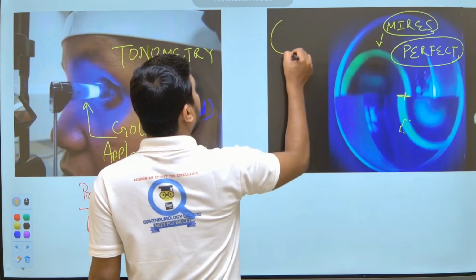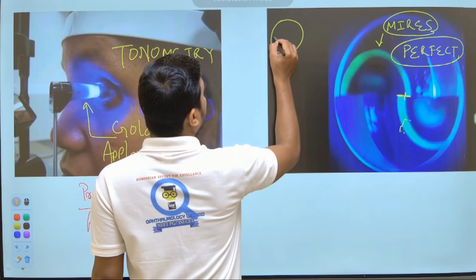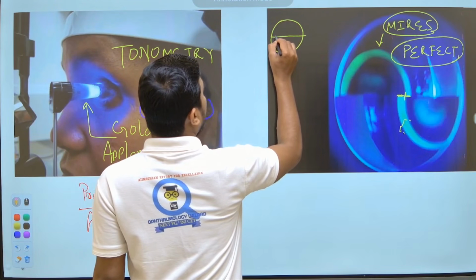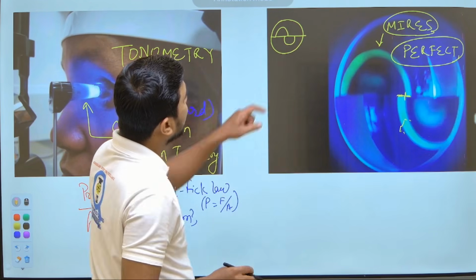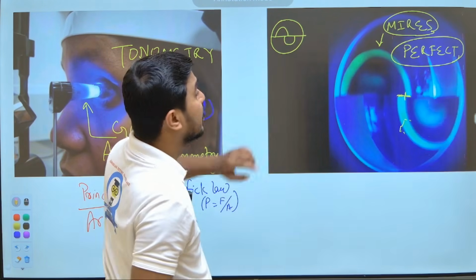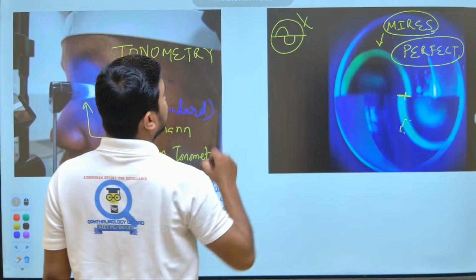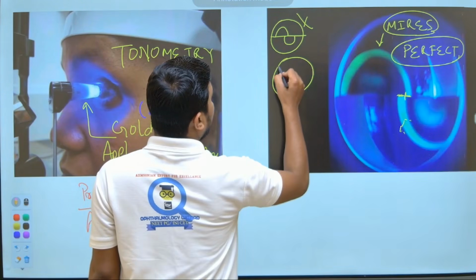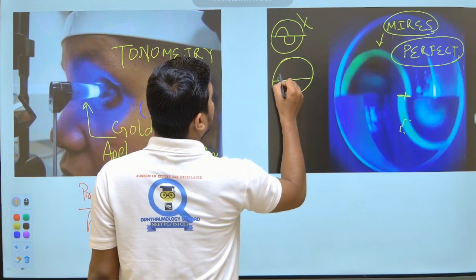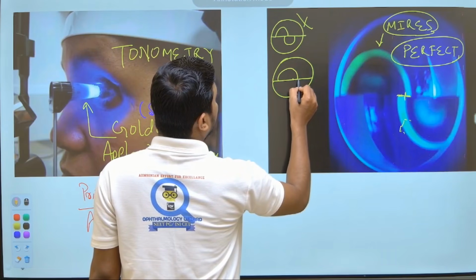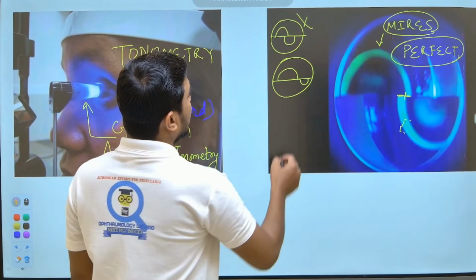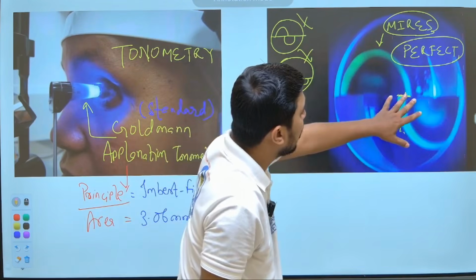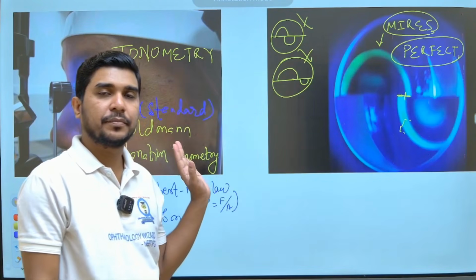If this is the cornea, and the mires are like this because they are so much separated, this is not good. If the mires are like this, this is also not good. So the perfect alignment is this only. Remember this.